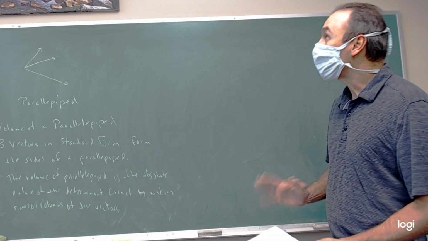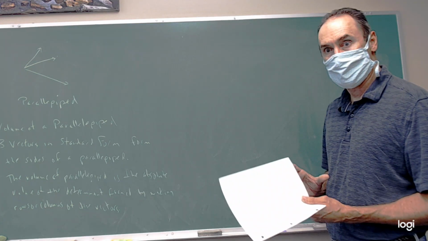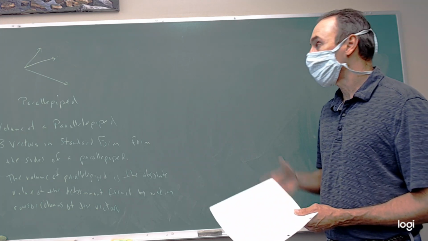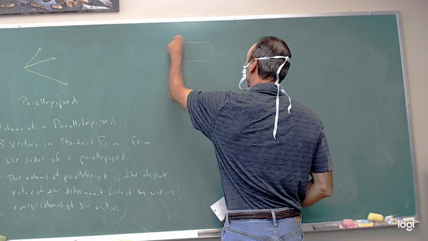So I actually have an example here that's pretty slick because it's a right parallelepiped. So it's not one of these that's been pushed over. It's actually going to truly be a box.